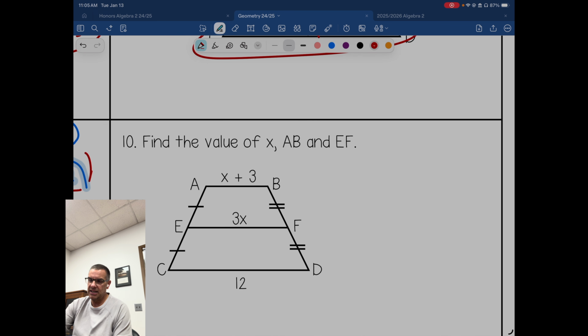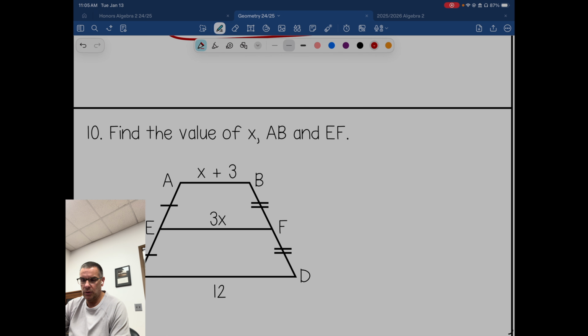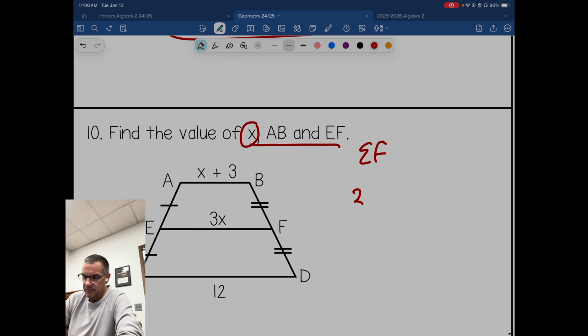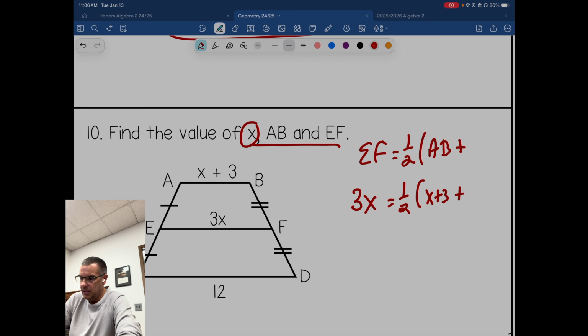Last question is going to ask us to find a whole lot more. We still have a trapezoid. We have to find the value of x, and then AB and EF. Well, it's still the same thing. It's a mid-segment. So EF, which in this case is 3x, is going to equal 1/2 of AB, which is now x plus 3, plus CD.